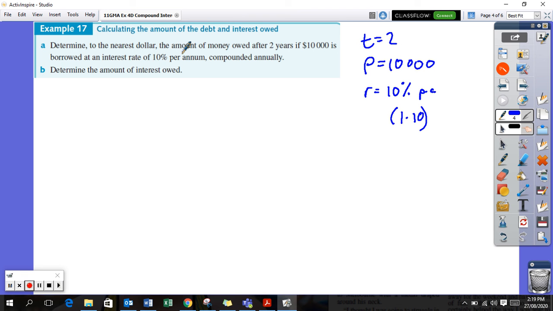So the amount, if we're working out the amount of money, so A equals 10,000 times 1.10 to the power of 2. And we get $12,100.